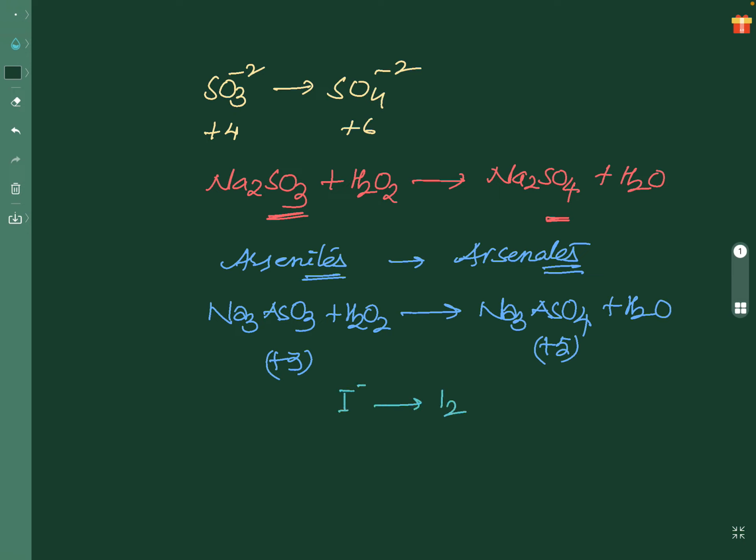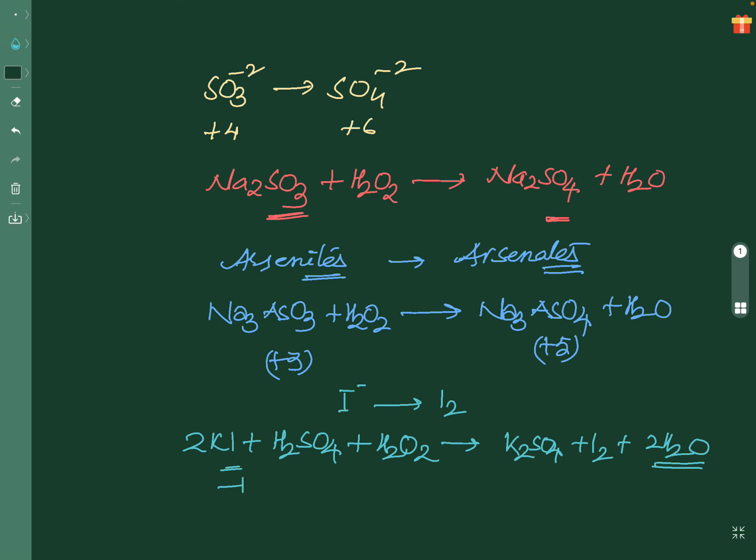The reaction is very simple: 2KI plus H2SO4, in the presence of acid medium, plus H2O2 gives rise to K2SO4 plus I2 plus H2O. Here I- is in the -1 oxidation state, here it is 0. An increase in oxidation state is oxidation. So sulfites to sulfates, arsenites to arsenates, iodide to iodine.